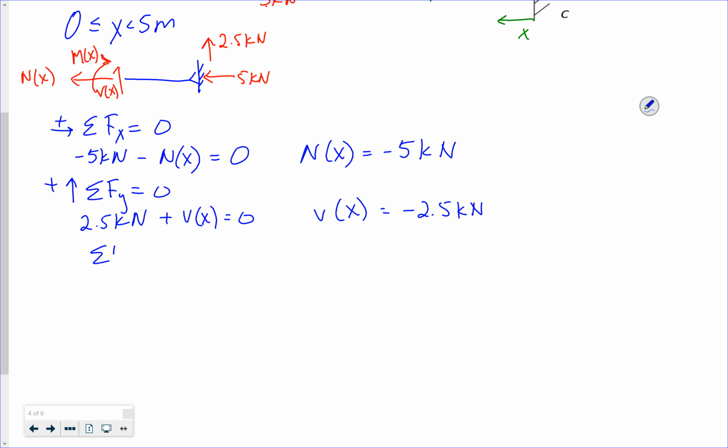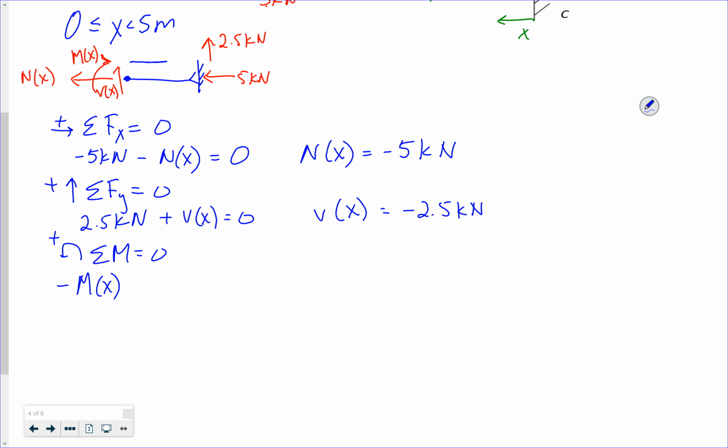Take the sum of the moments where I cut my section right here. Counterclockwise positive. So I have my negative moment, and I get to ignore that 5 kilonewtons because there's no moment arm.